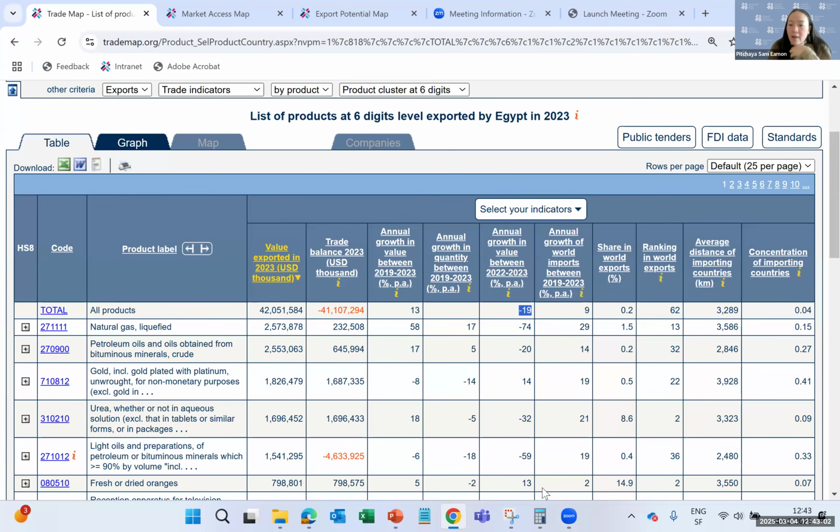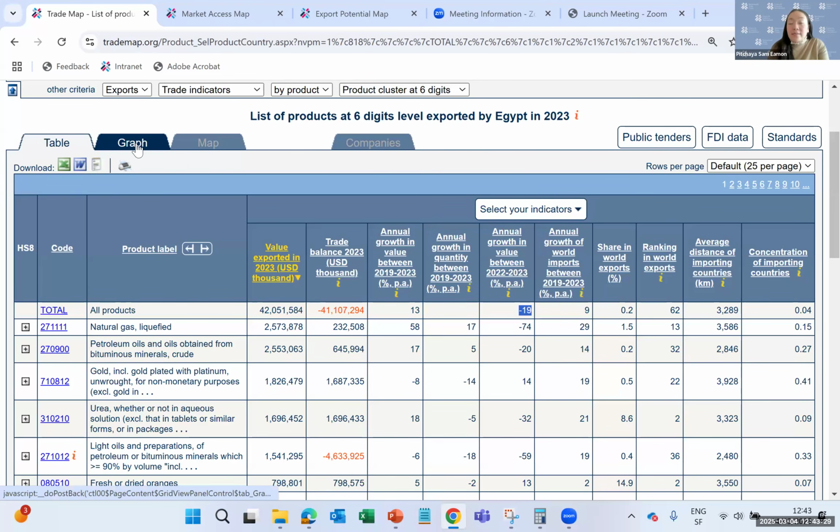Then you can compare the annual growth of the world's import. For this particular product, the growth in import of the world is 2%, but Egypt's growth rate is 13. So that means Egypt has enjoyed a significant increase and growth in this particular export, which is the fresh or dry oranges. You can do this kind of analysis.